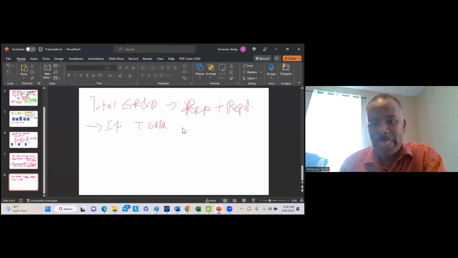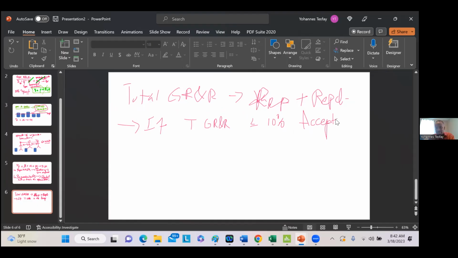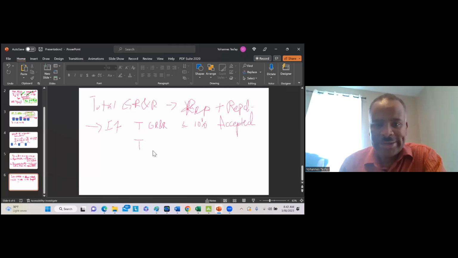If total gauge R and R is less than 10%, this is an acceptable gauging system. If total gauge R and R is in between, like 10 to I think 30%, this is accepted but needs improvement.